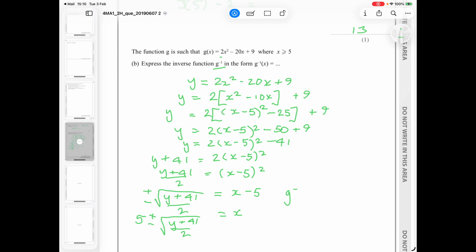So g⁻¹(x) = 5 ± √((x + 41)/2). And just to be clear, it's got to be greater than 5, so it's actually only going to be 5 + √((x + 41)/2).